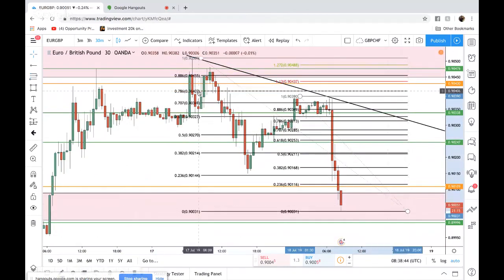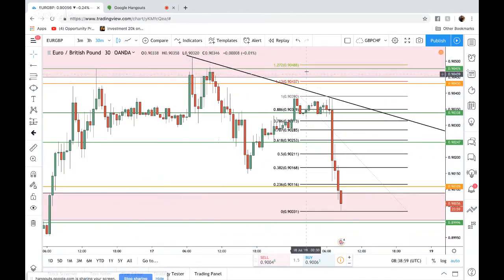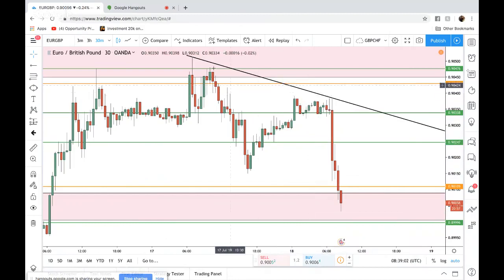What I'm doing is I'm grabbing the highest point, which is right here of structure, going to the lowest point. That's going to be one of my Fibonaccis. And then my next fib is going to be the next swing, which is right here to the same point.